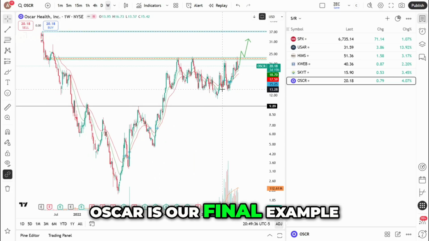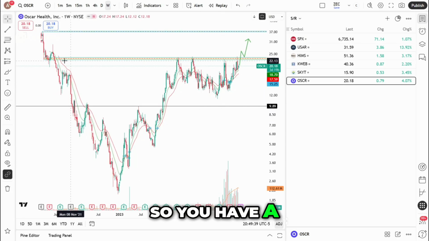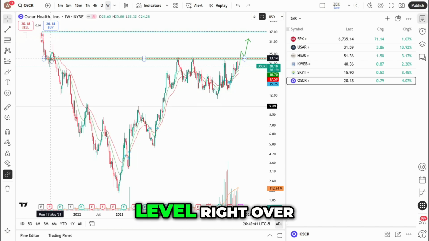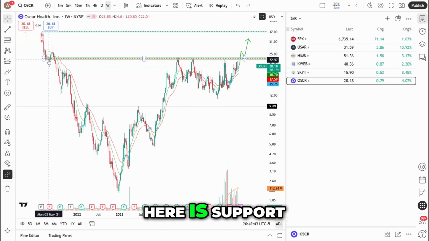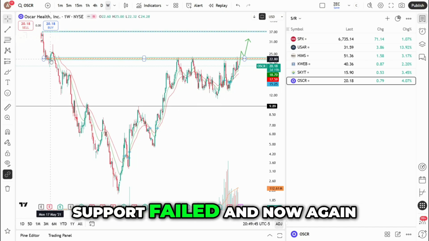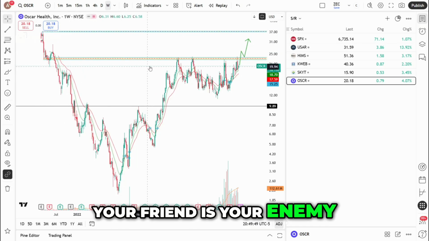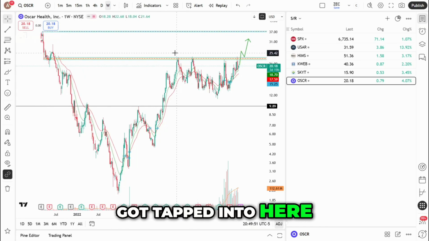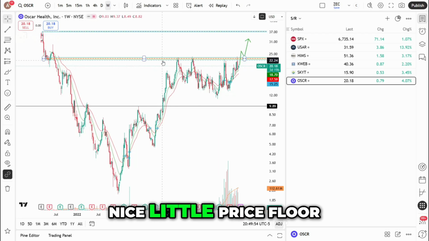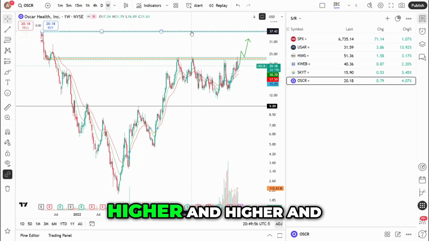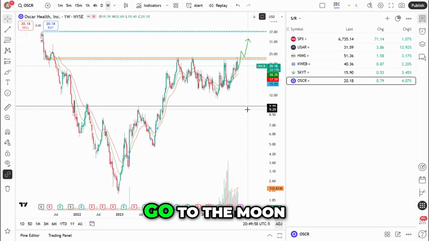Oscar is our final example. So you have a very clear support resistance level. Right over here is support, support failed, and now again your friend is your enemy. So now the next time it got tapped into here, it was not a nice little price floor for you to move higher and higher and go to the moon.